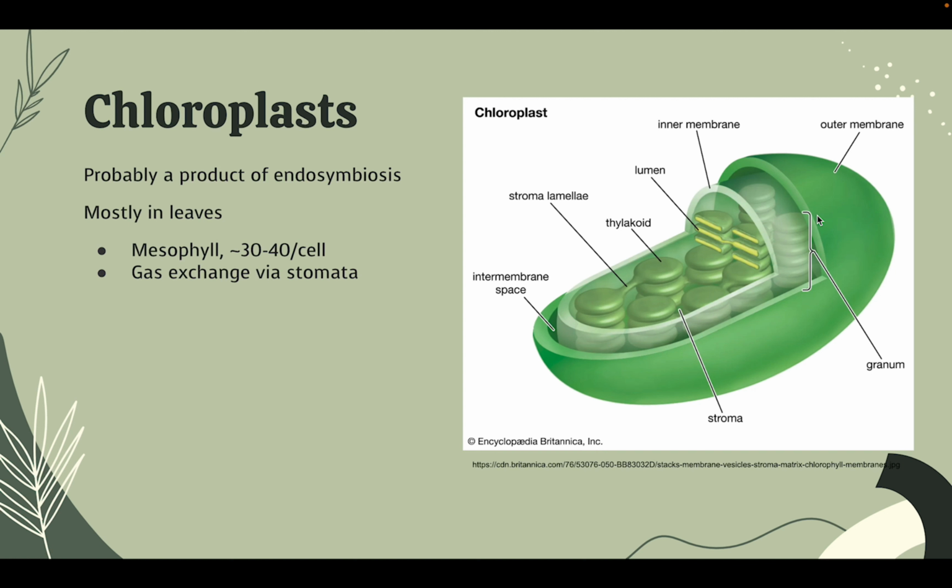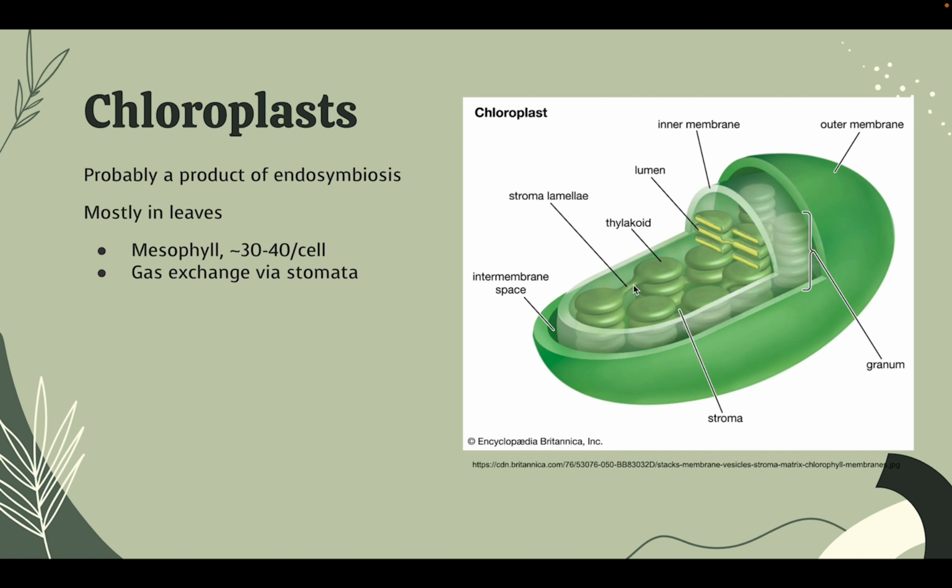And then you should note that there are two membranes of the chloroplast, and additionally the thylakoid membrane on the inside. So really three. When we have a stack of thylakoids, we call that a granum, and the plural is grana. And stroma lamellae are these connecting pieces in between some of the thylakoids.